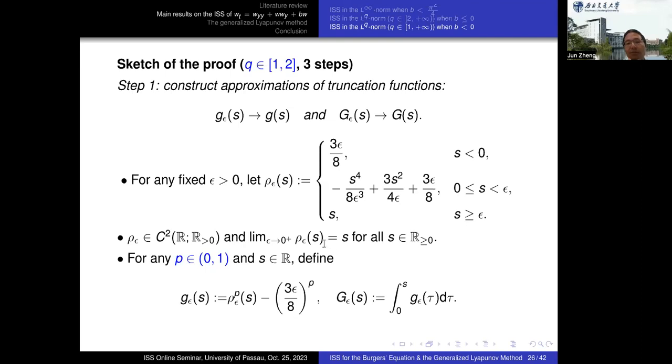So by using such a function, we can define approximations of GS and capital GS. In fact, we can define the approximations by G epsilon s and capital G epsilon s. The two functions are both differentiable. In addition, they are both positive semi-definite.